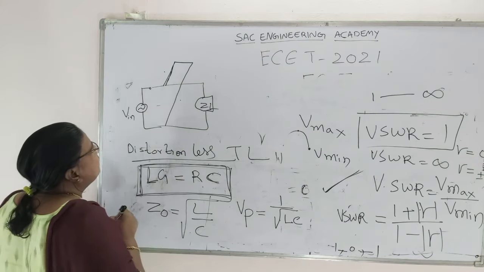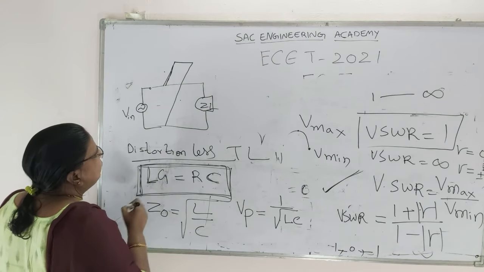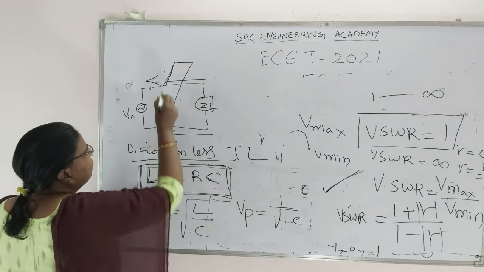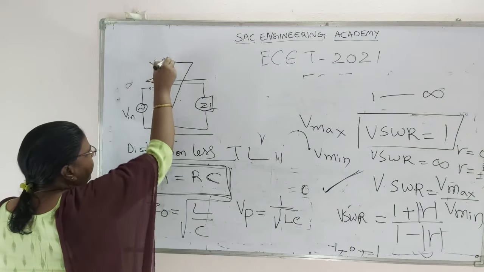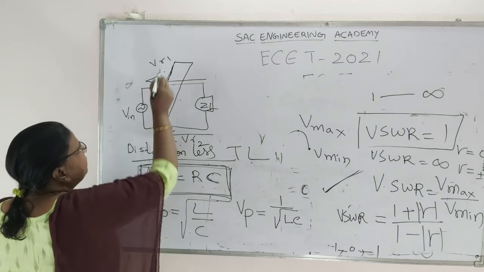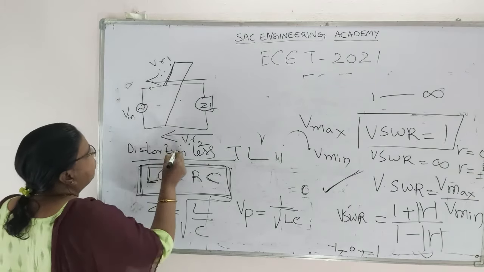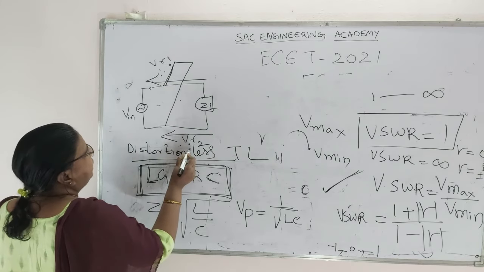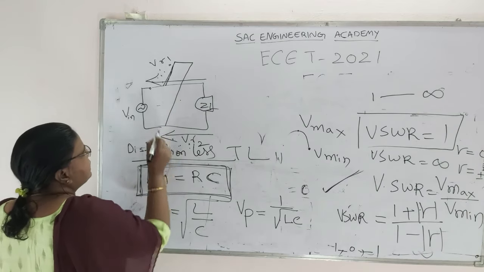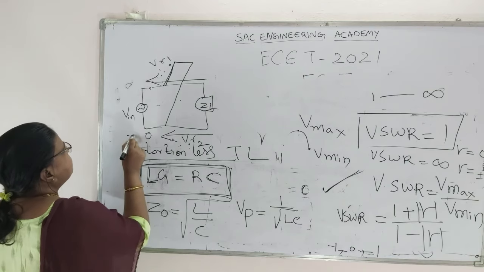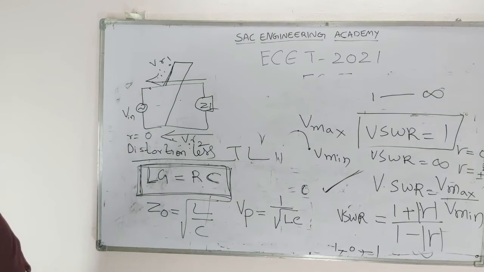This length and this length are adjusted. Whatever reflections you get from this point and this point, VR1 and VR2, have the same magnitude and inverse phase, 90 and minus 90. Both are cancelled, so zero reflections occur, which means no losses. For that purpose we use stubs.